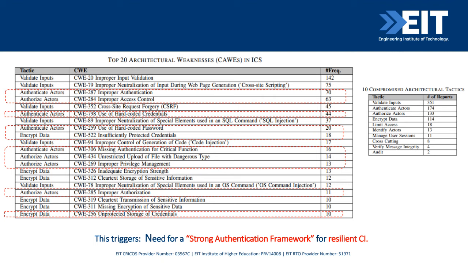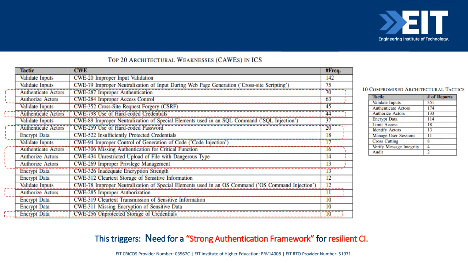Use of hard-coded credentials, like default usernames and passwords, is also very high, and so on. A lot of these are to do with input validation and authenticity of users who are fiddling around with these devices, and so on.